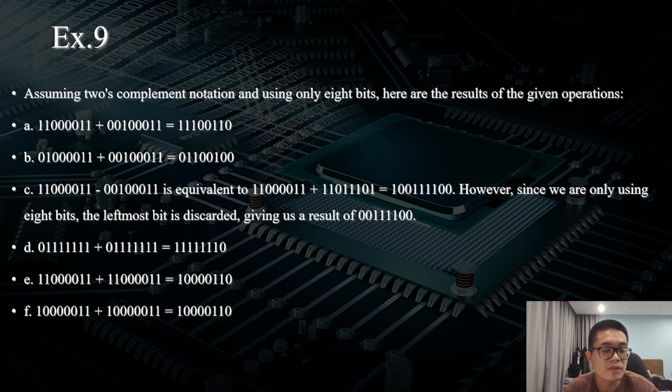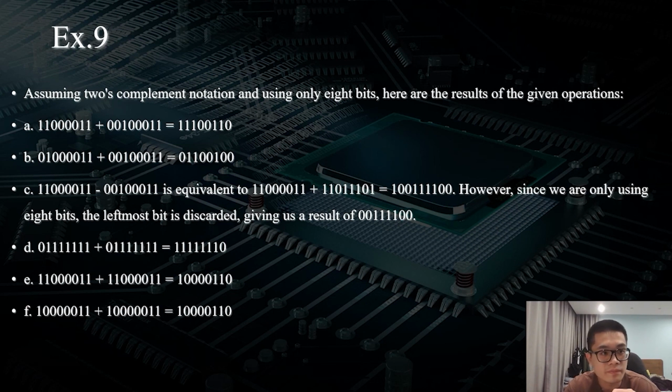Assuming two's complement notation and using only 8 bits, here is the result of the given operations. In A, we add these two binary numbers, and the result is 11100110.